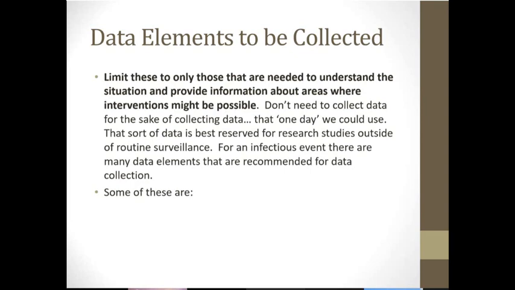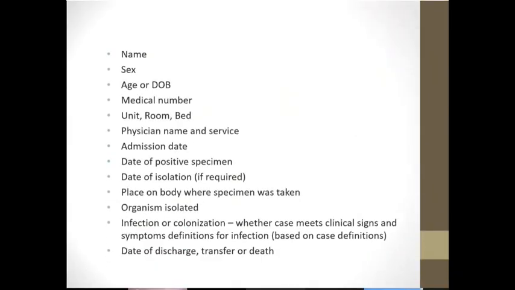Instead, the data elements that are often recommended for data collection are the patient's name, their sex or gender, their age or date of birth, preferably date of birth because it's more definitive, their medical number, and depending on where you are, that might be a registration number for your facility, or it might be the FIN.